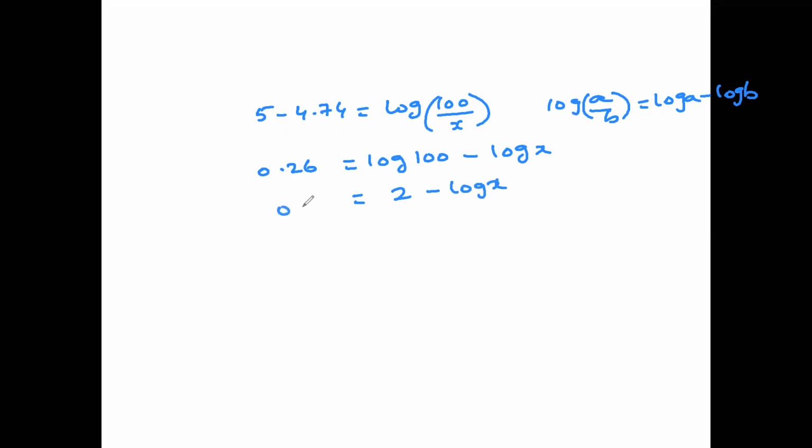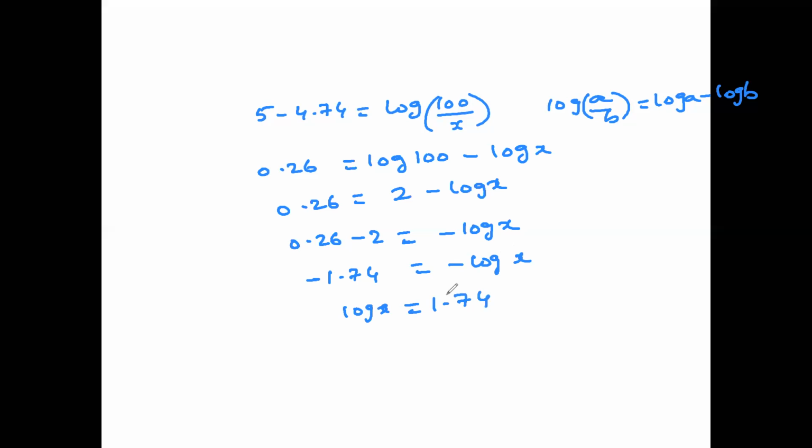So 0.26 is equal to 2 minus log x, which implies 0.26 minus 2 is equal to minus log x. So it is equal to 1.74. 1.74 with a minus sign is equal to minus log x. So minus minus gets cancelled here, and log x is equal to 1.74.